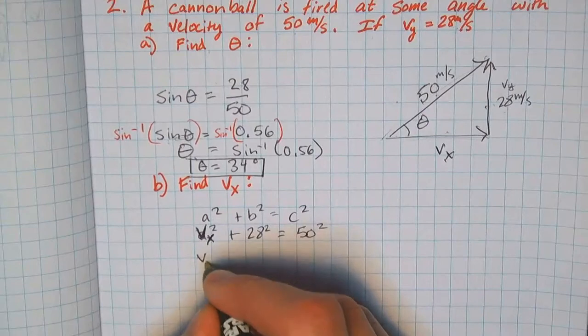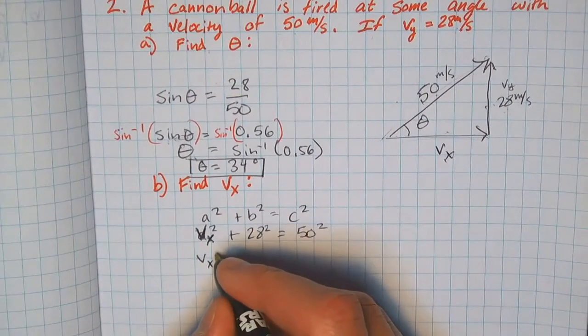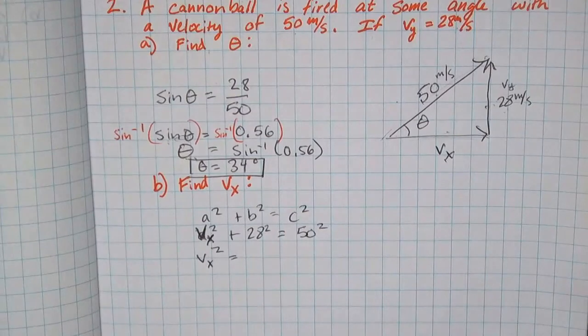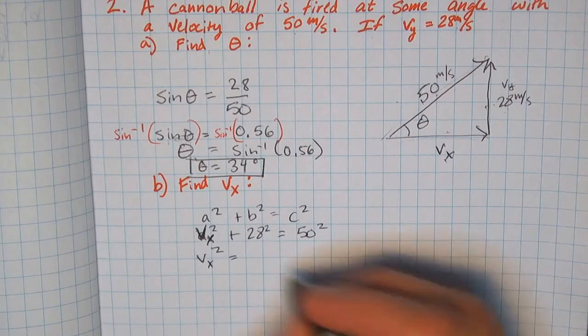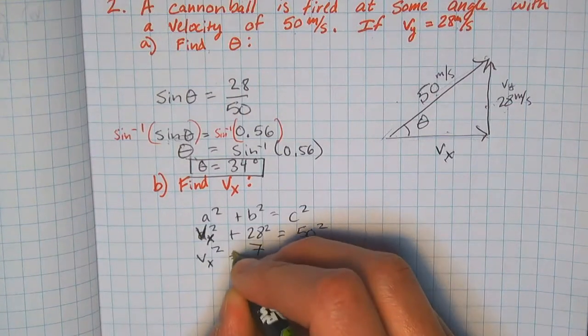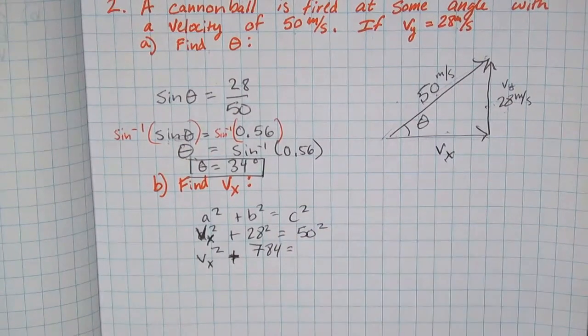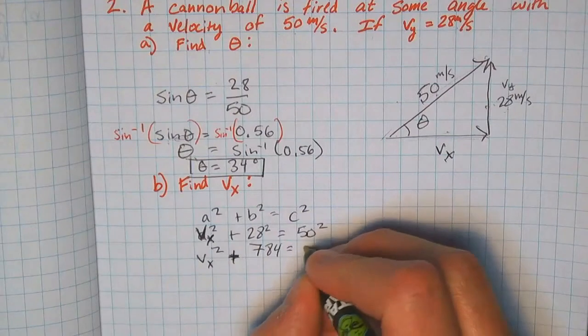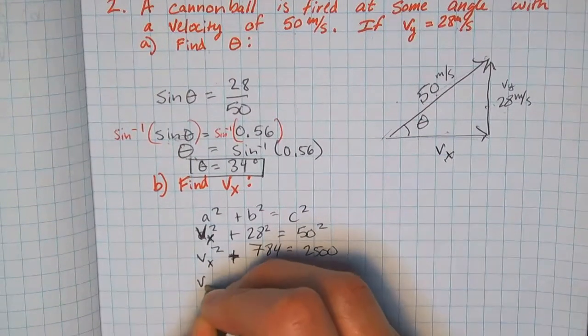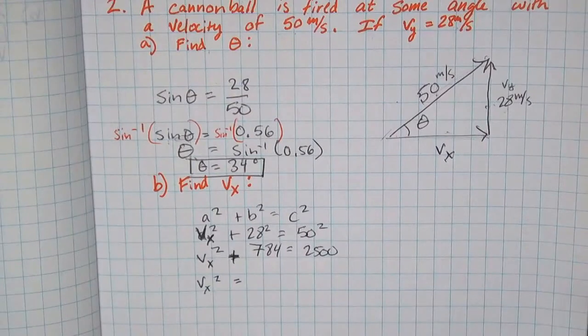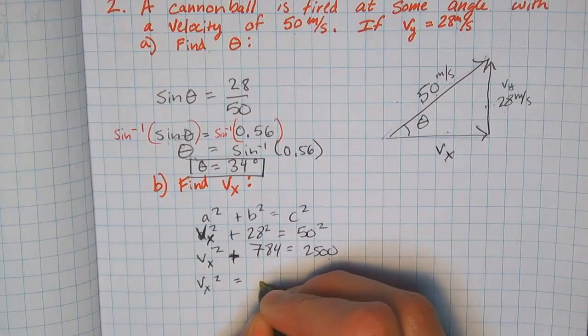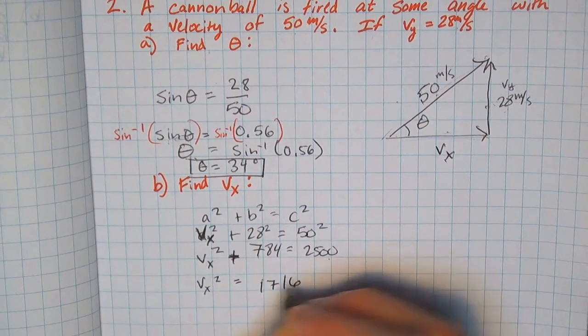So then Vx squared is equal to, oh, not equals, sorry, plus, still plus. 28 squared is 784, equal to 50 squared, 2500. So subtract, you get Vx squared is equal to 2500 minus 784.